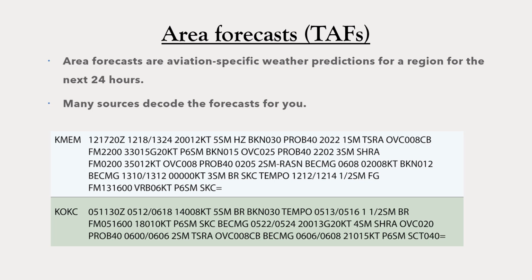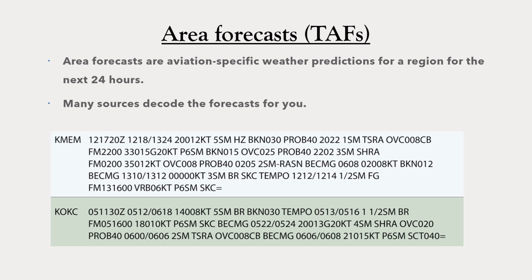Lines that start with FM and then a 4-digit code. These mean that at the time that's indicated by the 4 digits, the weather conditions are going to change to something different. And then basically you get a whole repeat of the stuff on the first line, telling you what it's forecast to change to at that time.